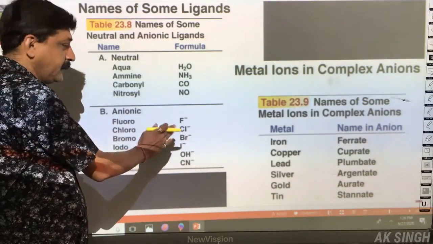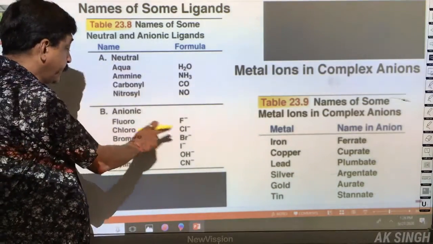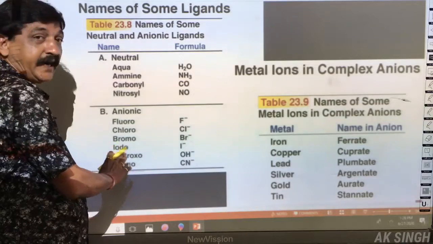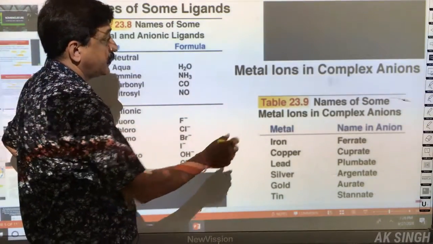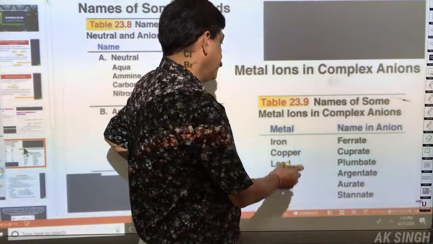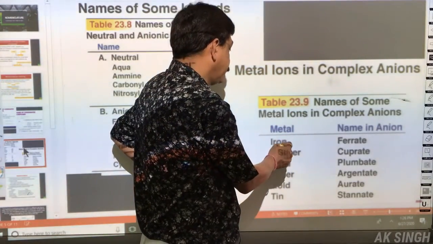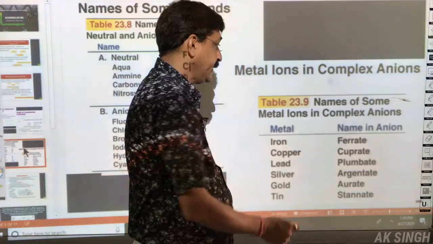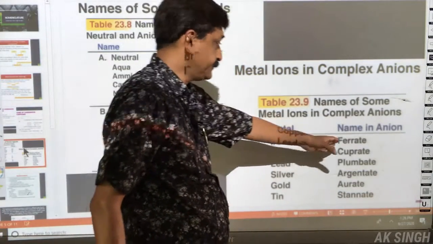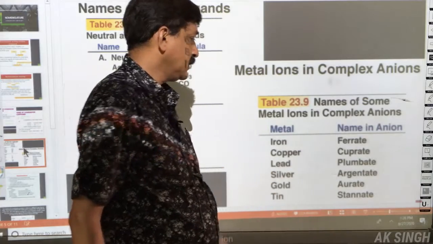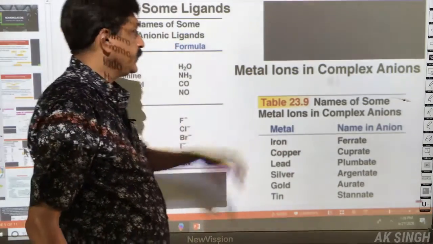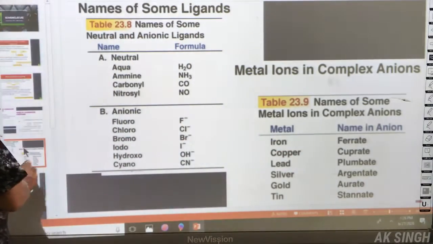Just replace them as fluorido, chlorido, bromido, iodido, cyanido. A few more metal ion names in complexes: for iron, ferrate; cuprate; for lead, plumbate. So this you know, you have read in the earlier class also.